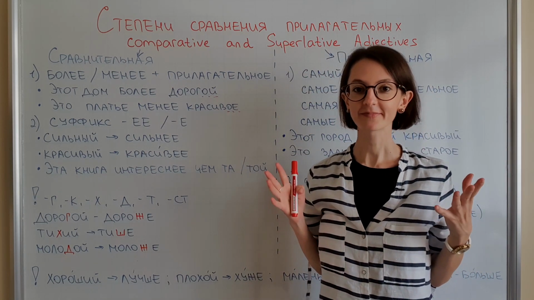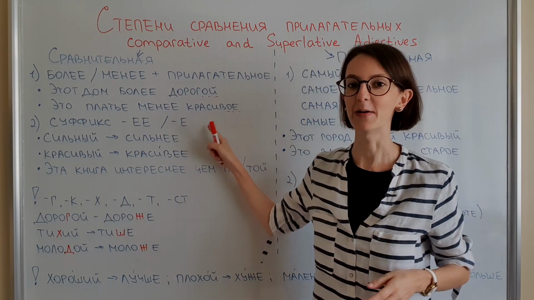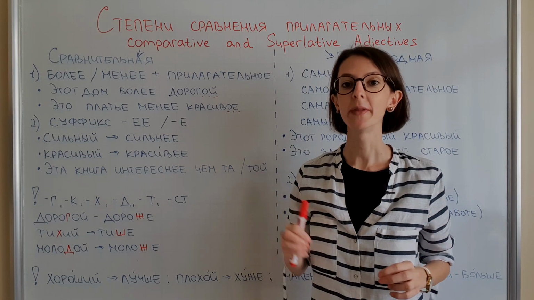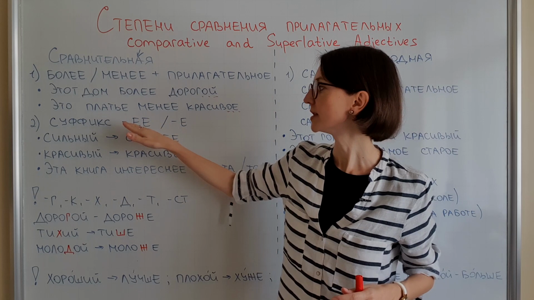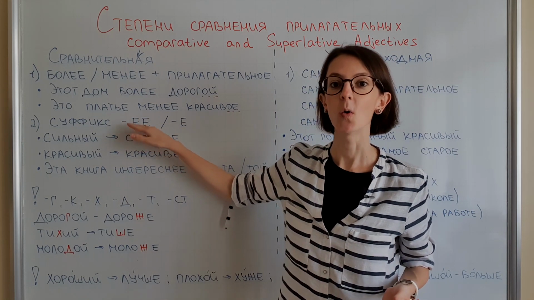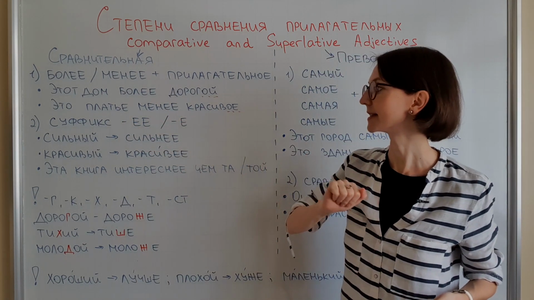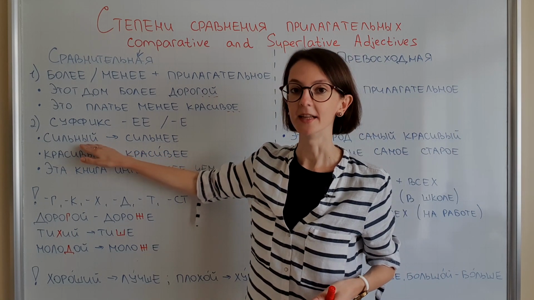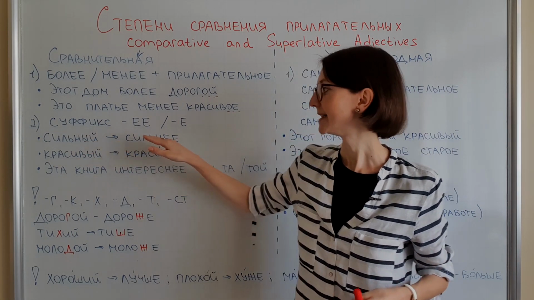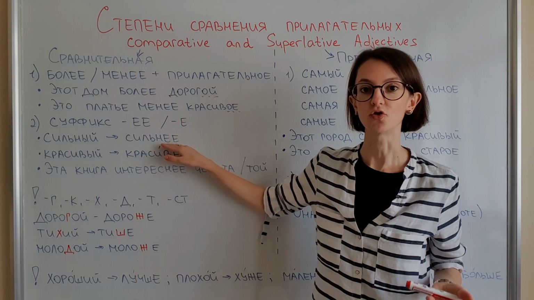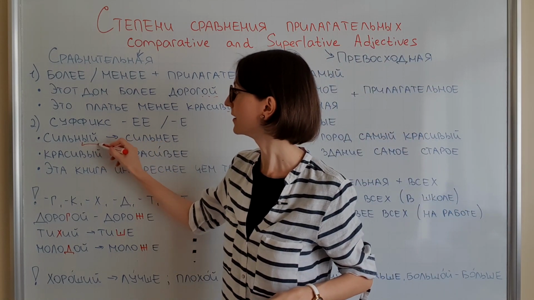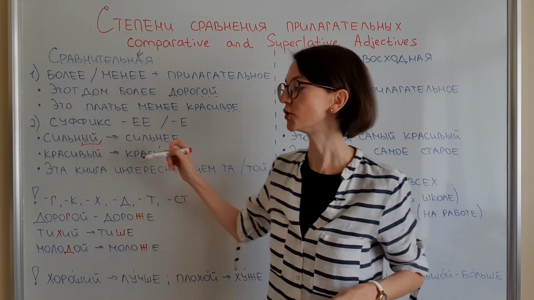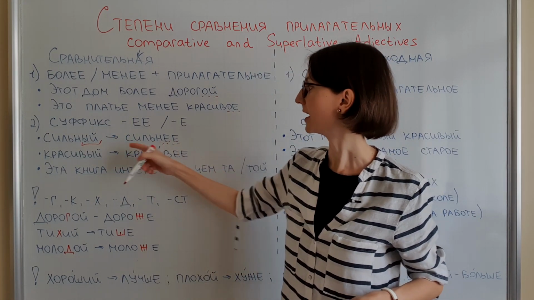We use way number two. It is a little bit more complicated. We use suffixes ее or е. For example, сильный, strong, сильнее, stronger. So you can see that we change the ending ый to ее.